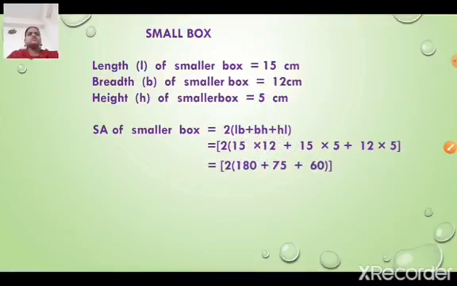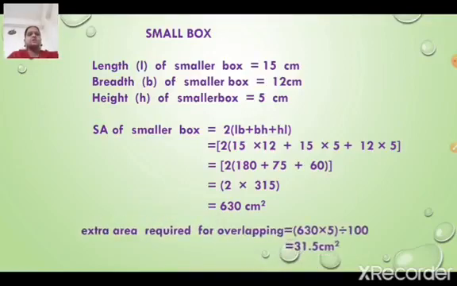Yes, so it is 2 in the bracket 180 plus 75 plus 60. So it is 2 into 315, and the final answer is 630 centimeter square. So what did we get this 630 centimeter square as? We got it as the surface area of the smaller box.